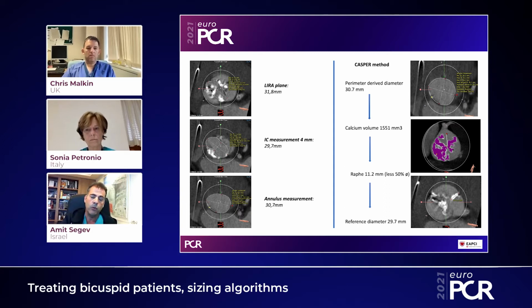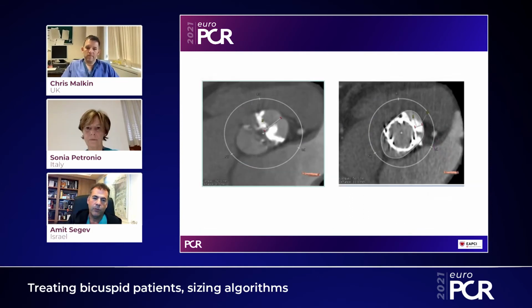So in a good case of tapered anatomy, you have to undersize the valve and rely on the intercommissural measurements, which is again 4 millimeters. So this is a very nice example of CT imaging post-TAVI.